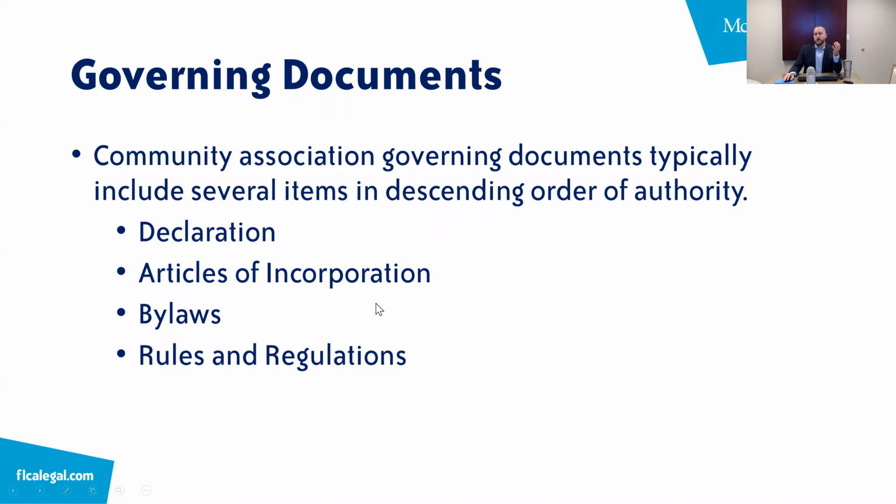Depending how old your community is, I believe if it's from 1995 or more recently, you'll see your Articles of Incorporation filed there. That's what sets you up as a corporation. It typically contains what the purposes of the association are, what powers the association has. They may establish the number of directors, but for the most part, it's more corporate procedure and certain powers that are afforded to the board of directors and to the association.